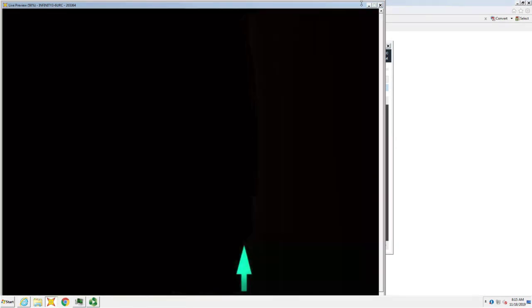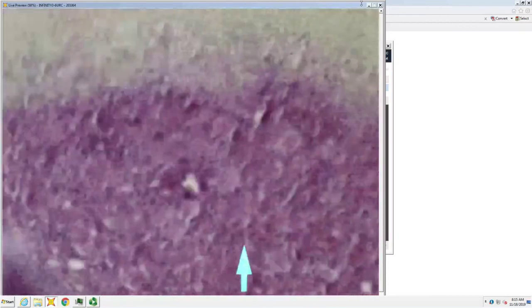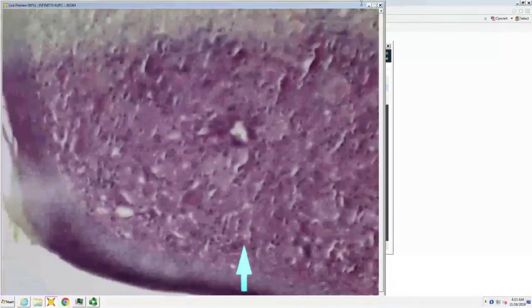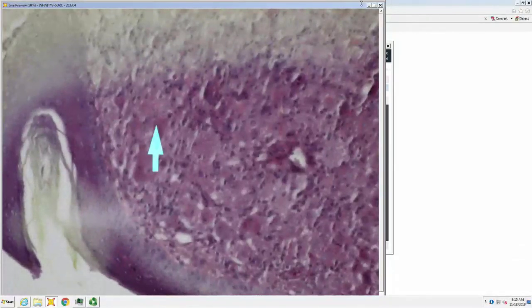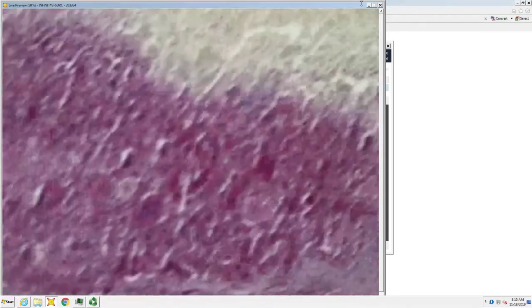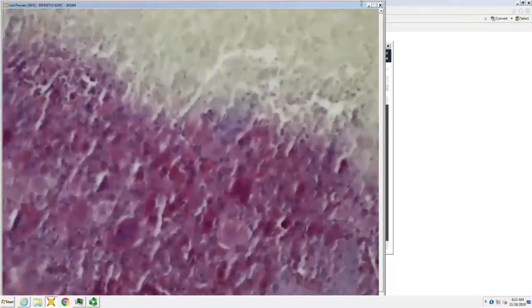Okay. That is a PAS stain. Within the histiocytes and giant cells, you have those little round organisms. Histo. Yeah, and that's about the size of histo.